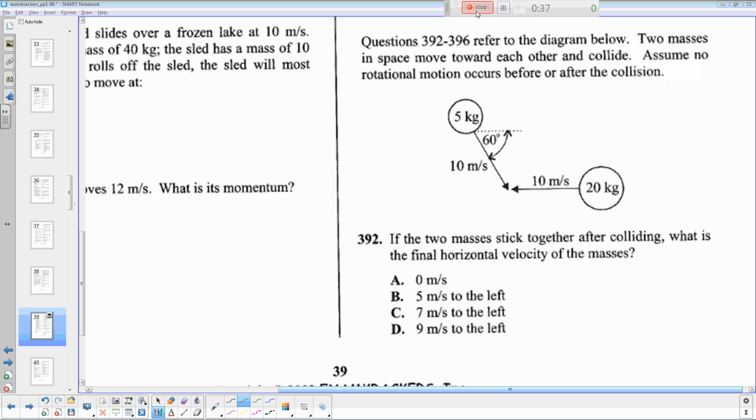What you want to do here is, since you're looking for the horizontal velocity, you only need to consider the momentum in the x direction. So find the x component of that 10 meters per second, and then find the momentum in the x direction, find this momentum in the x direction, add them up, and then ask yourself, if I combine these two masses that stick together, what has to be their velocity in order to have the same momentum?